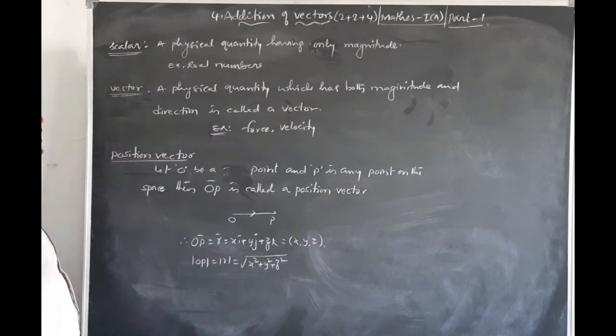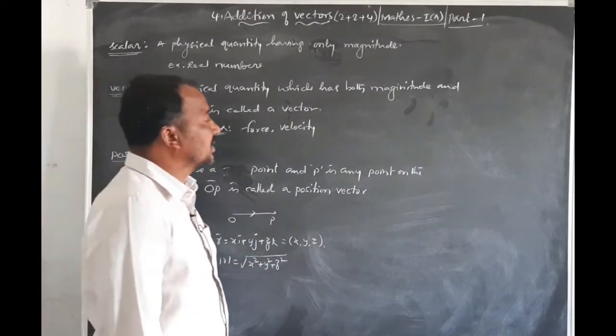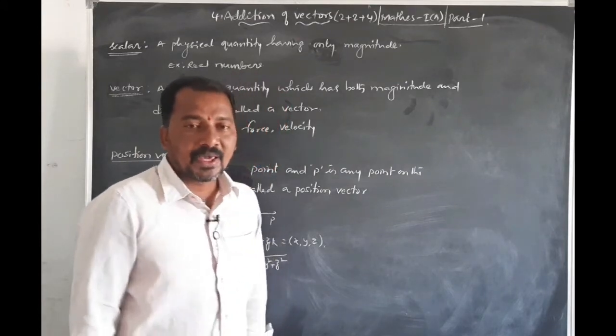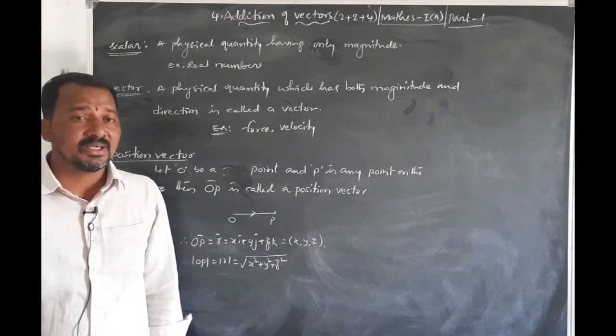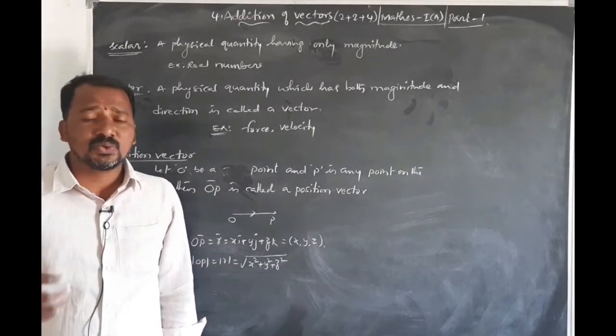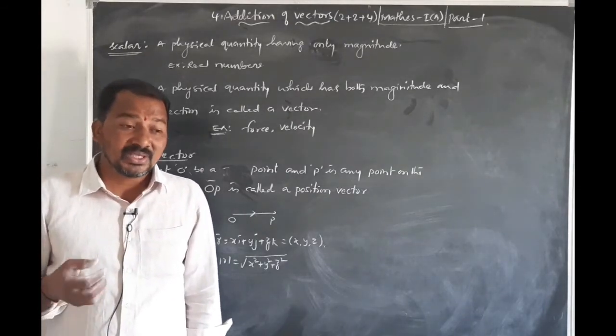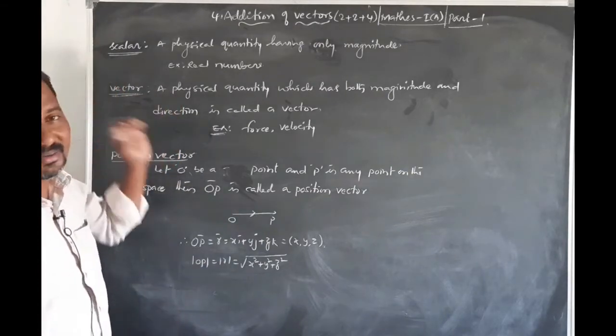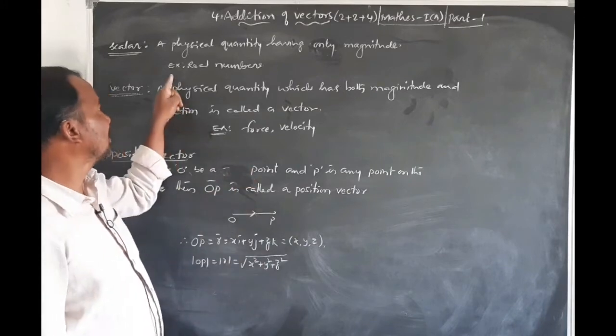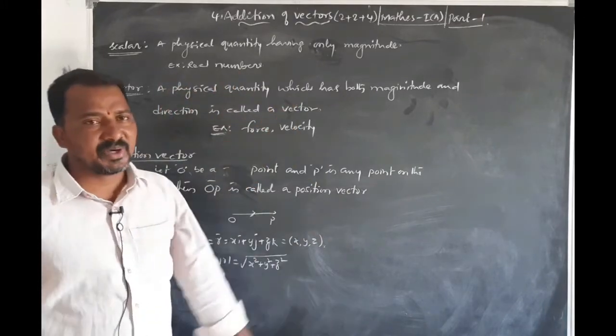First one is scalar, a physical quantity. Scalar means a physical quantity which has only magnitude. That is called a scalar. For example, real numbers.